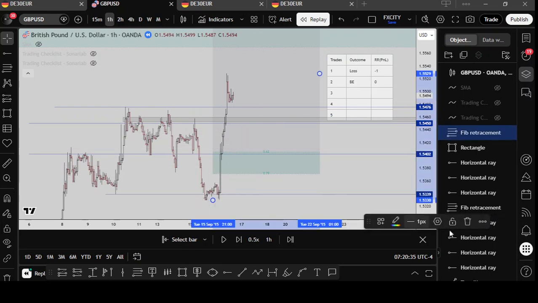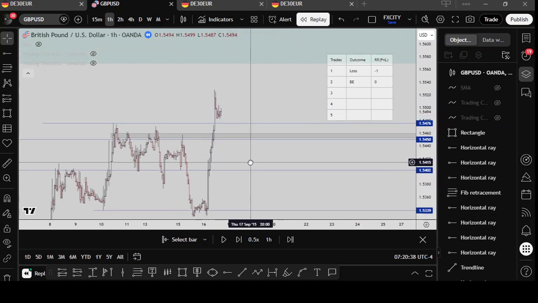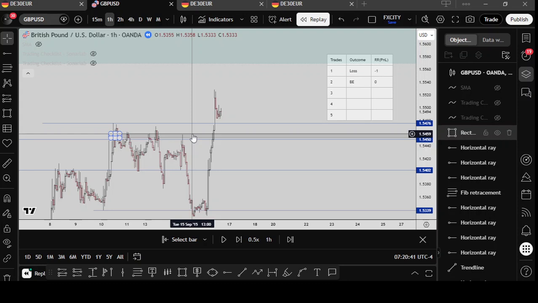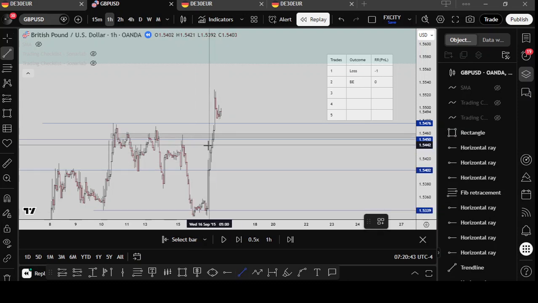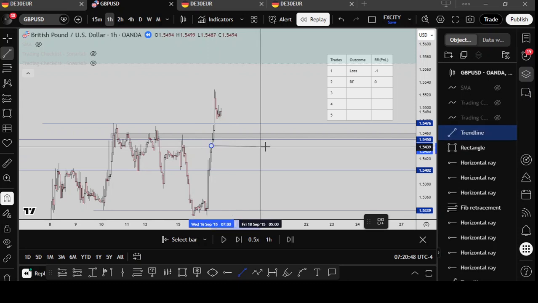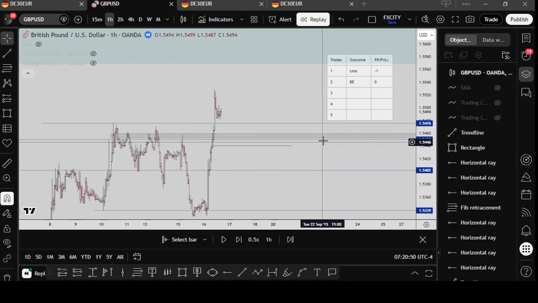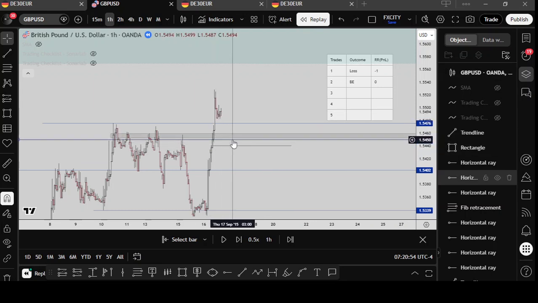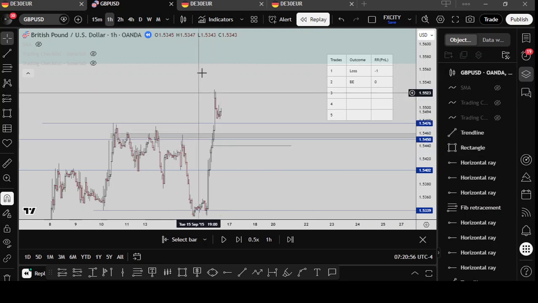Let me just say I delete this fib, and we can see the last low here prior to the breakout of this is also in close proximity with the 5450, right? So can we run into this level, also into 5450, and then continue to the upside?